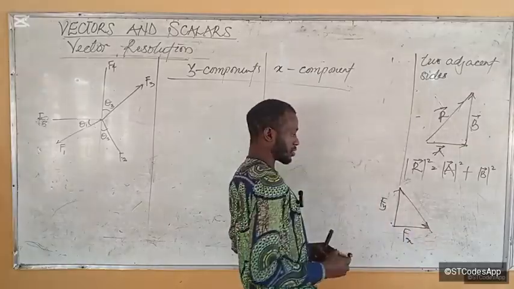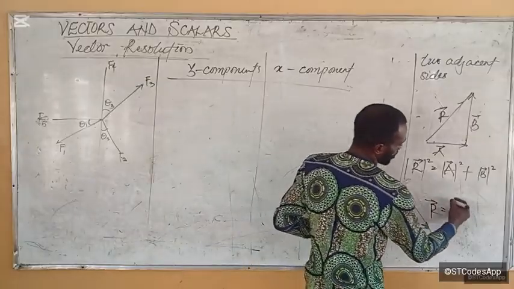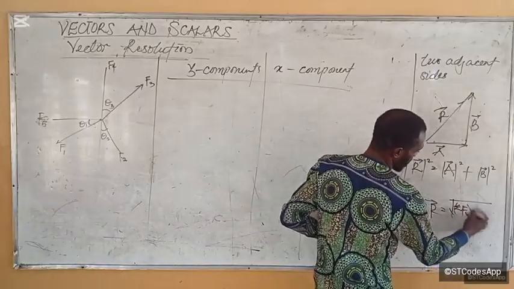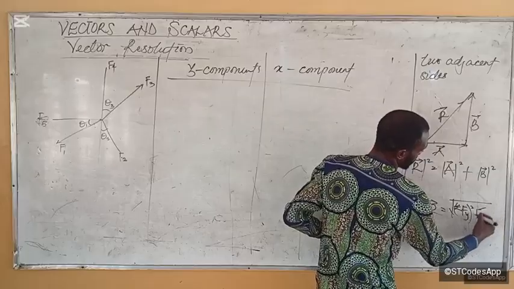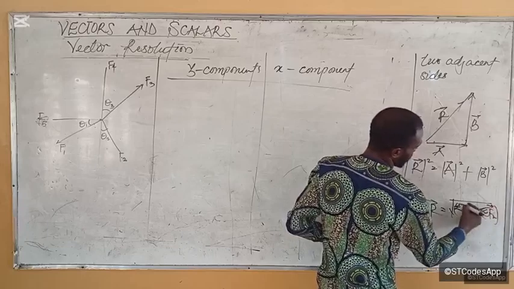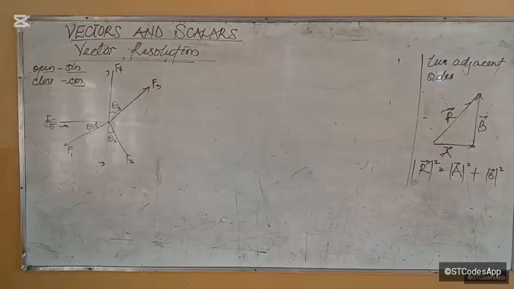Do you understand? Good. And to find the resultant that way, the formula will now become the square root of the summation of all the forces on Y component squared plus the summation of all the forces on X component squared. And then we'll have our answer for the resultant.